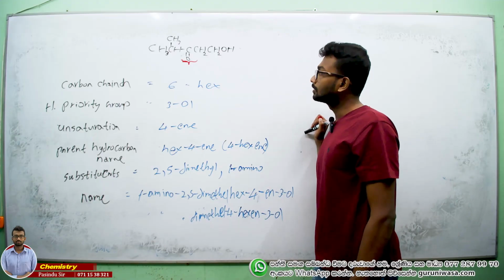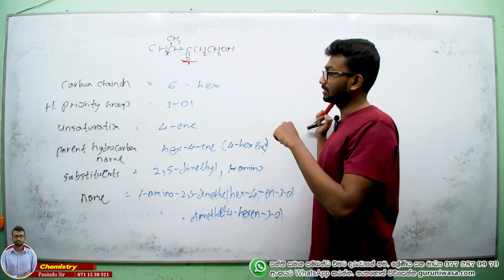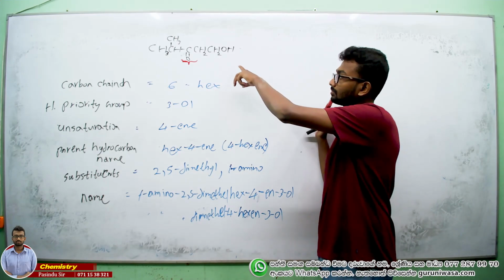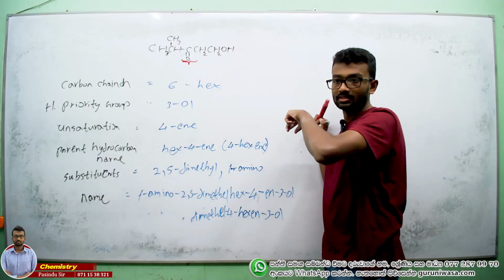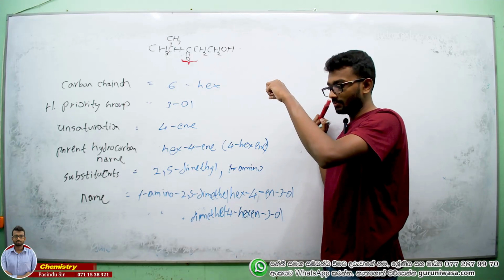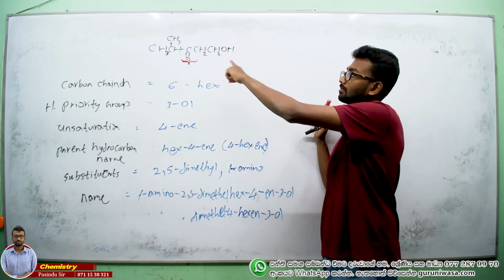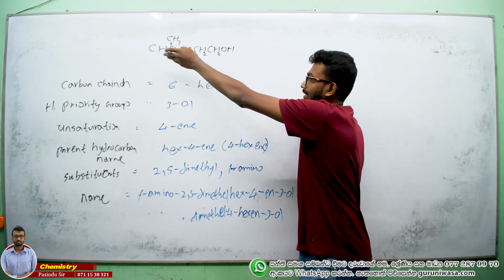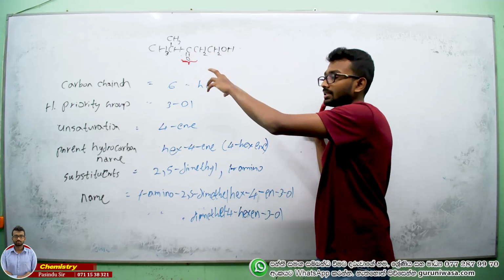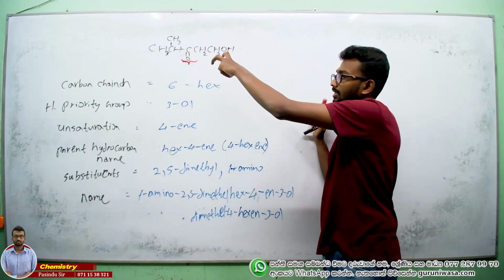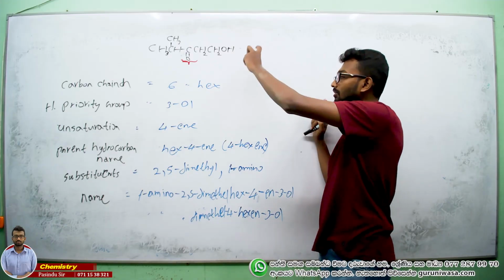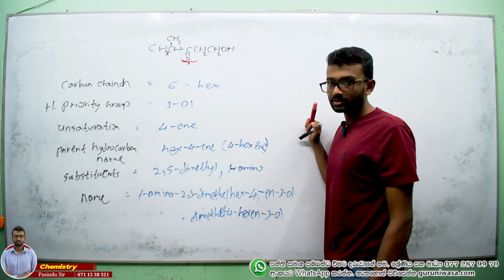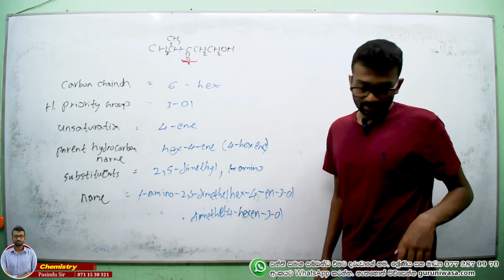Therefore we have to give the numbering according to the substituents, right? We give the lowest number to the substituent, because when you count from either side, the highest priority group gets the same number. So we have to consider the substituent groups, right? That's the way.